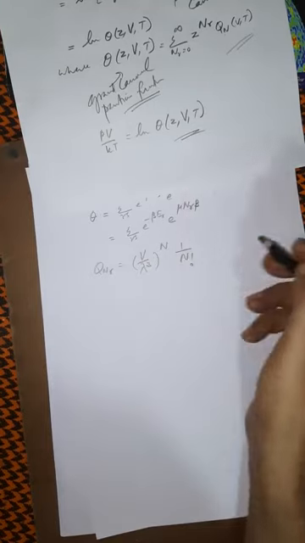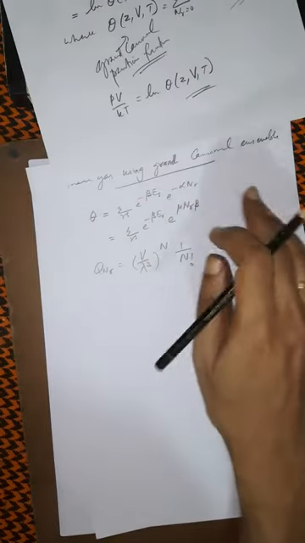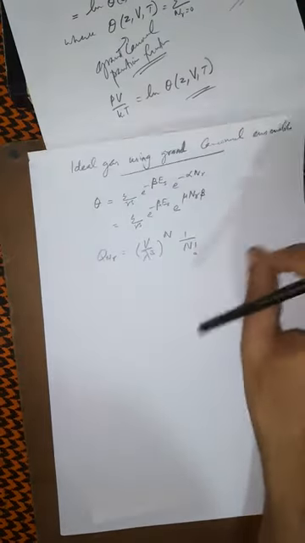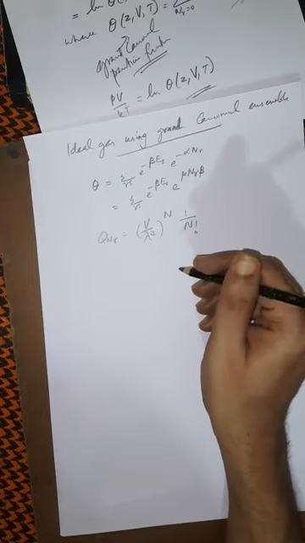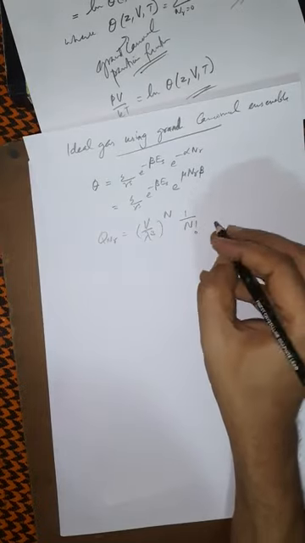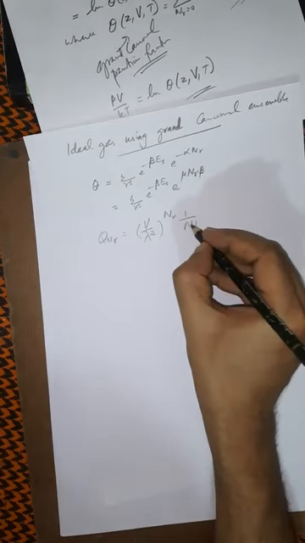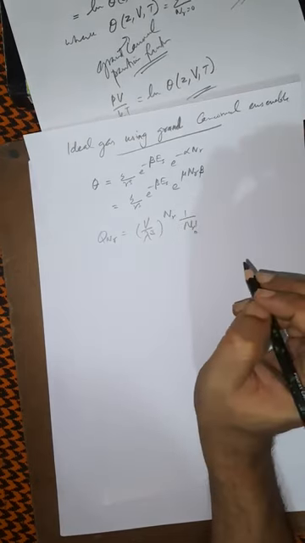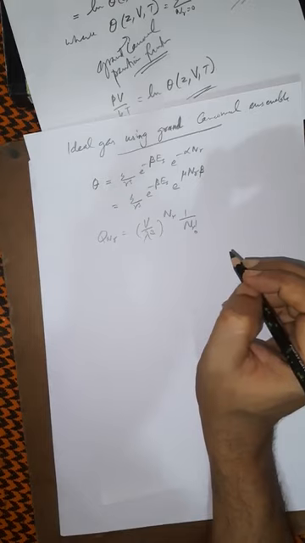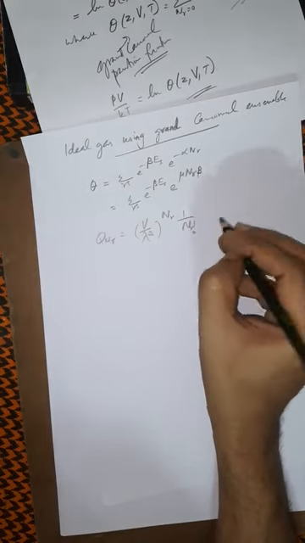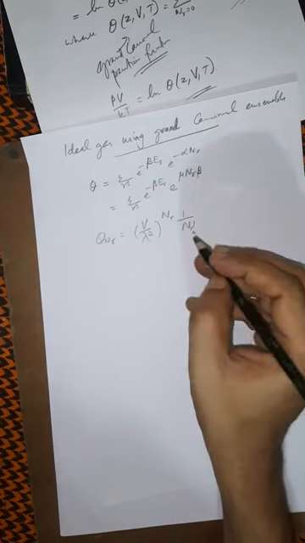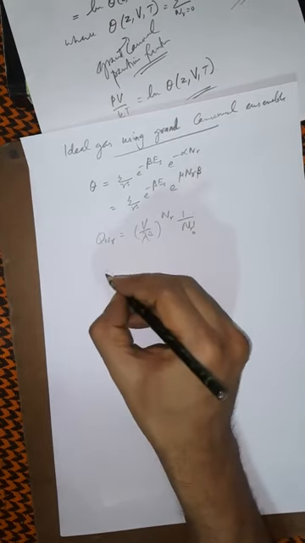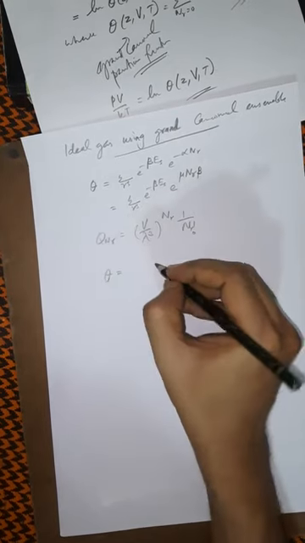Instead of N you can always put Nr over here. There's no harm in that, since we are going to do the summation over Nr. So I substitute that.